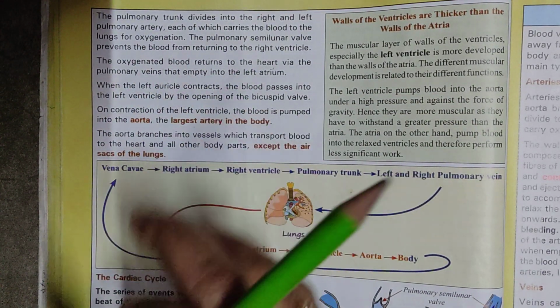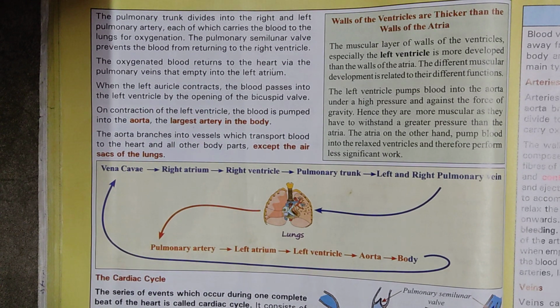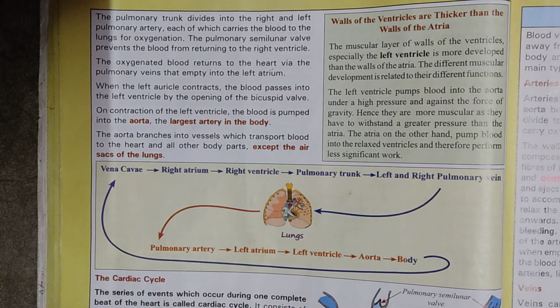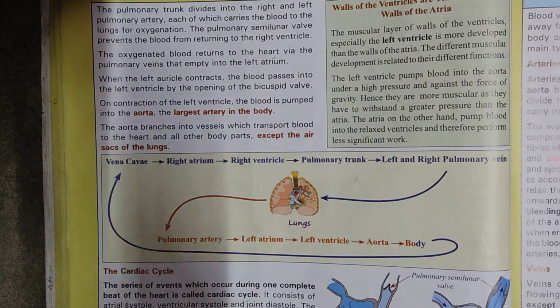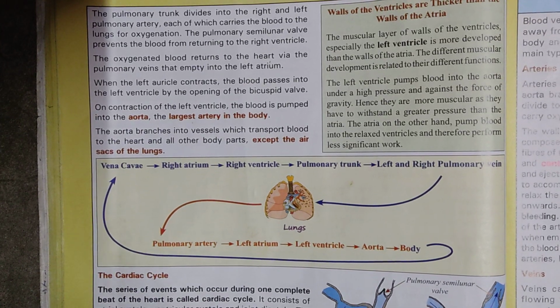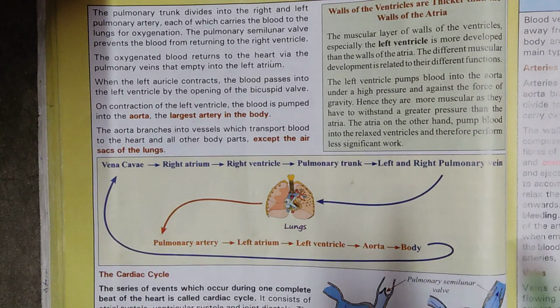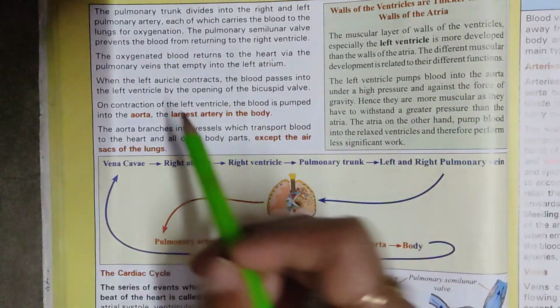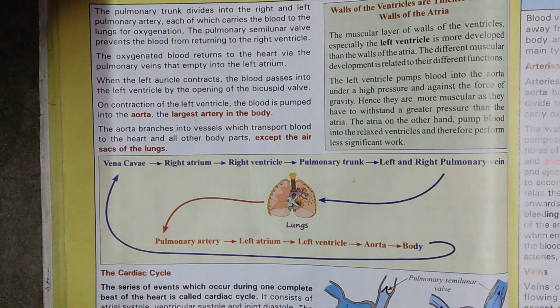That means what? See, arteries are larger in size, and they can withstand the pressure created by the pumping of the heart. So when the heart pumps the deoxygenated blood, if there were a vein, the vein may get ruptured. So there is a pulmonary artery.